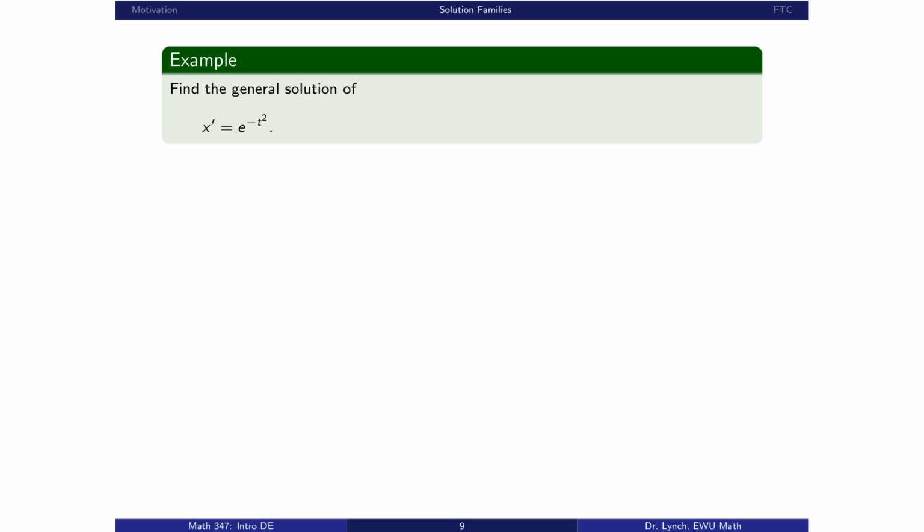In other words, we can't find a function such that the derivative is equal to e to the minus t squared. So in this case, we just write the general solution of this differential equation as an integral, tack on a plus c for the general solution, and leave it.